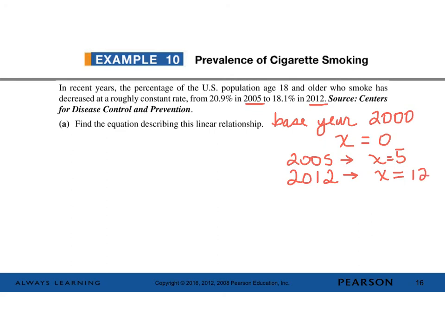It'll just simplify our arithmetic. So that means our 2 points are (5, 20.9) and (12, 18.1).